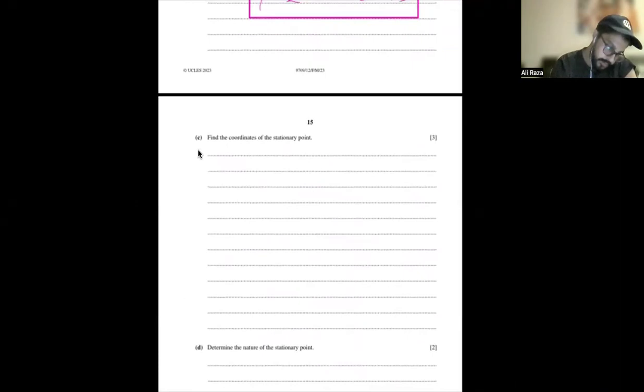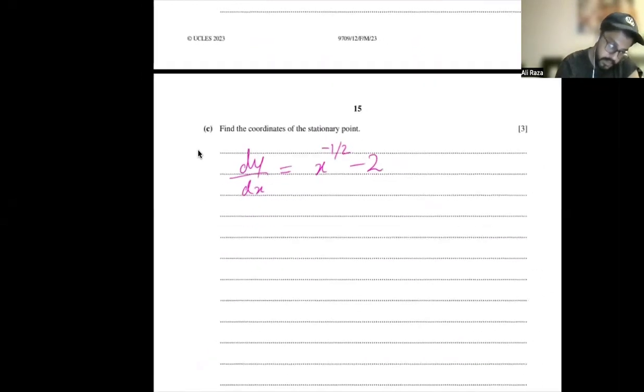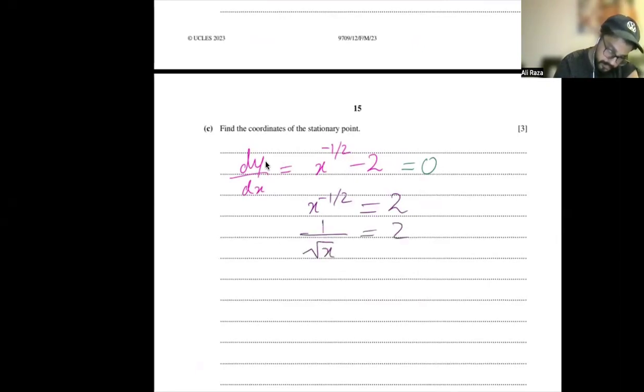For part C, we need to find the coordinates of the stationary point. We already have dy by dx. Now we know that at the stationary point the gradient is 0, so we'll equate it to 0. X power minus half is equal to 2. 1 over root x is equal to 2.